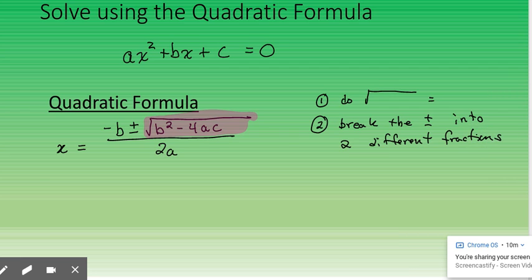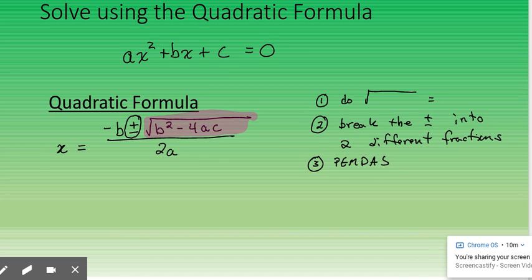So that's where this sign comes into play. That is signifying the possibility of two answers. So I'm going to break it up into two different fractions, and then you're just going to do PEMDAS. Finish it off. Do your order of operations.